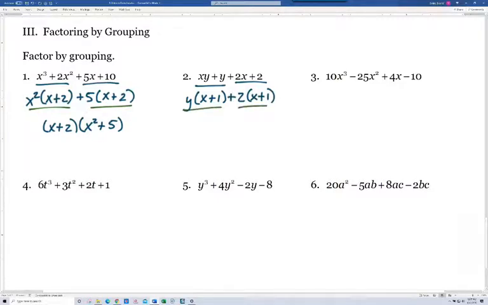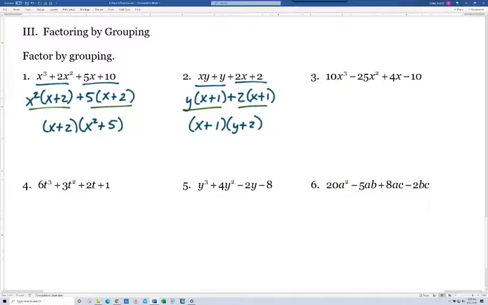And so we have two terms with a common factor of x plus 1. x plus 1 times something is this first term, I need a y. And then x plus 1 times something is that second term. Well, I'm missing the 2, so plus 2. And so we get x plus 1 times y plus 2.